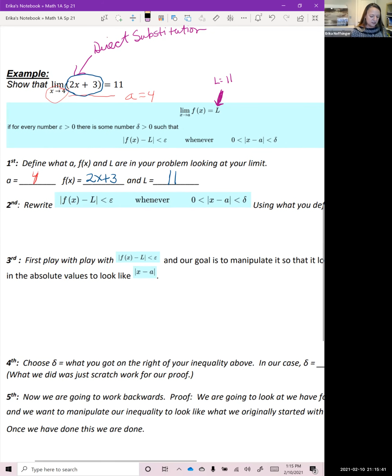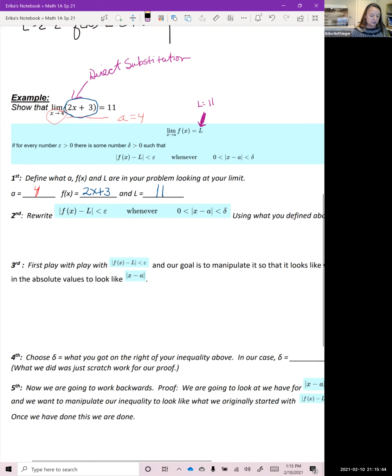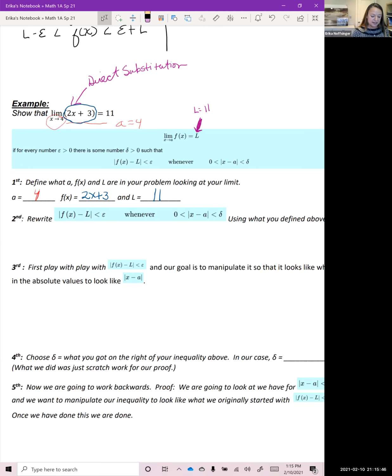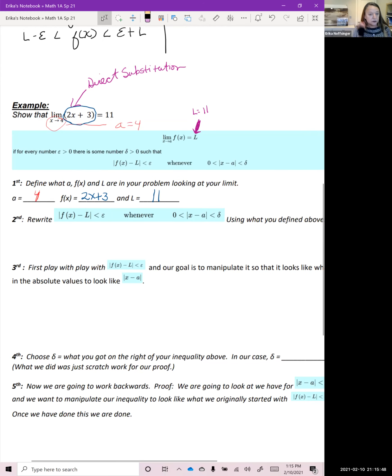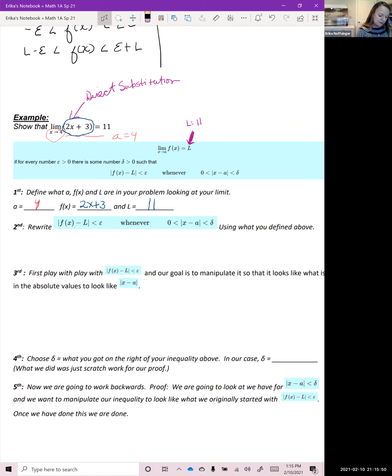Okay, so once you've determined that, we're going to first start with f of x minus L. So all you want to do is look at what f of x minus L is inside the absolute value, which is less than epsilon. So let's write that out. I'm going to rewrite this.